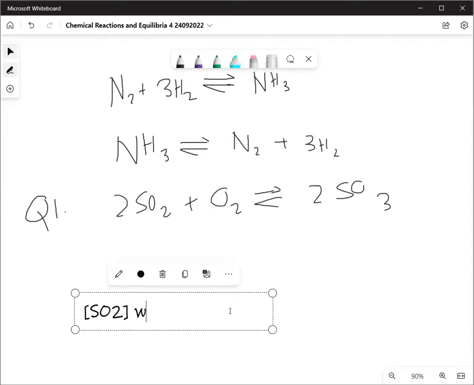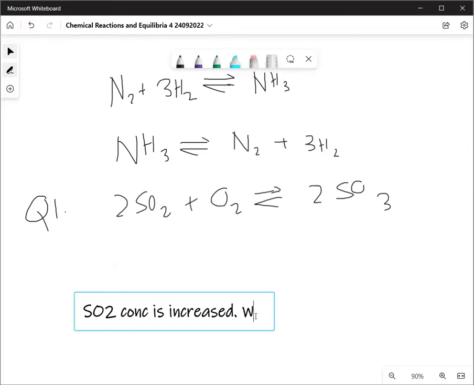Which side is increased? Which side is favored? Question, tell me.